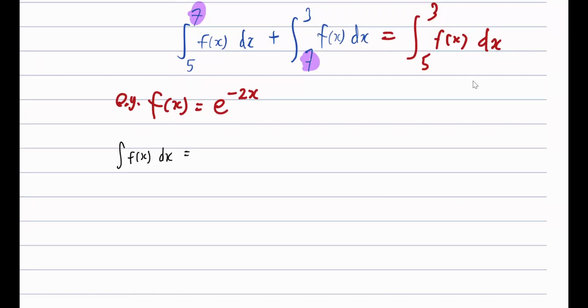What will you get? What's the answer? You will get ln... no, that's this one. Wait, I'm confused. Wait, let me think. Differentiate something, get e to the power.